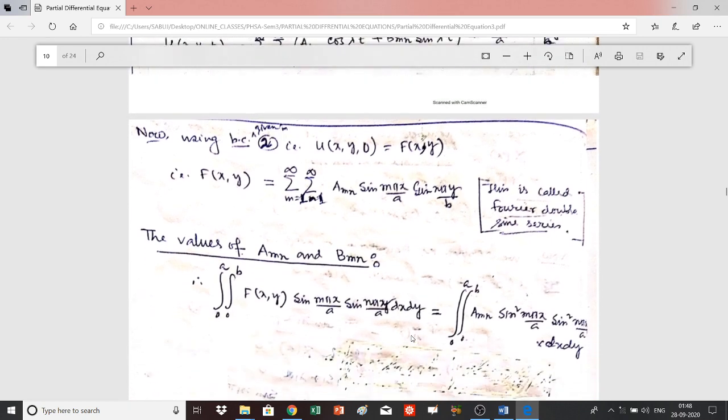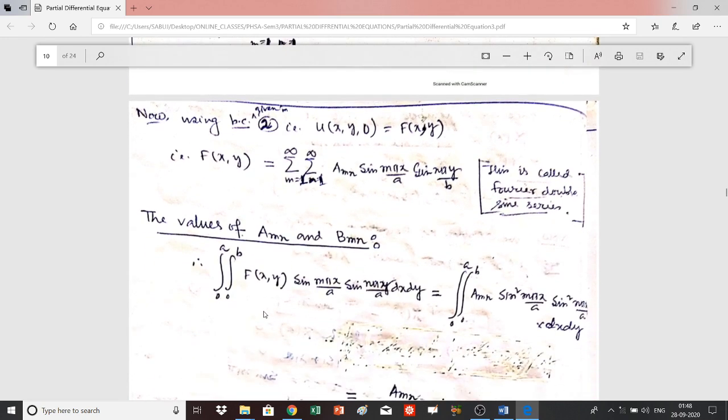Now to find out the values of a_mn and b_mn, just multiply this expression by sin(m pi x by a) into sin(n pi y by b), and integrate from 0 to a and 0 to b for x and y.